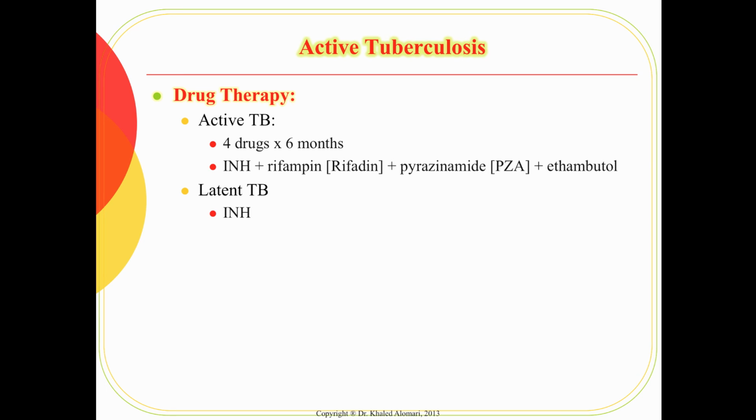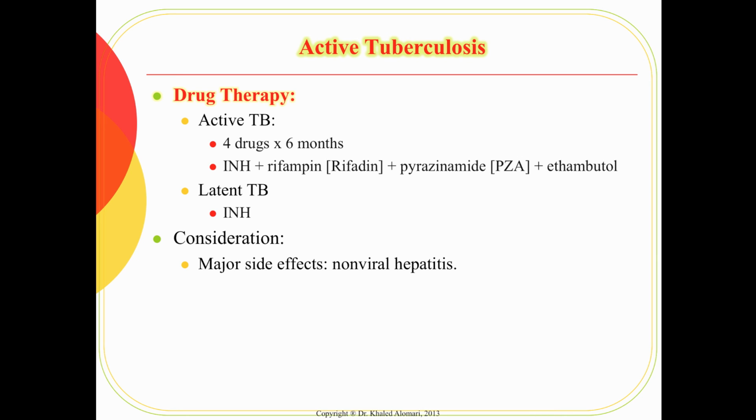These are the 4 common medications that we use for active TB. For latent TB, we usually just use the INH for 6 months, or at least 4 to 6 months, and that's enough just to prevent the reactivation of the TB. Now, the TB medications share common problems or considerations to keep in mind. A patient who receives them is at high risk for what we call non-viral hepatitis.